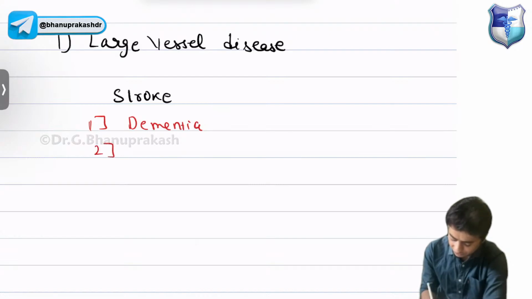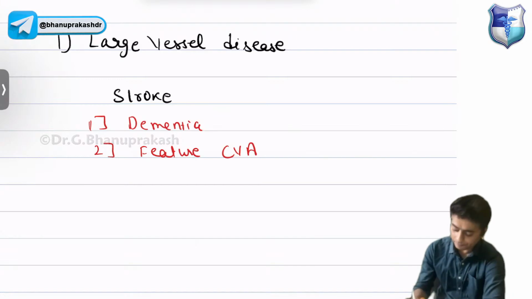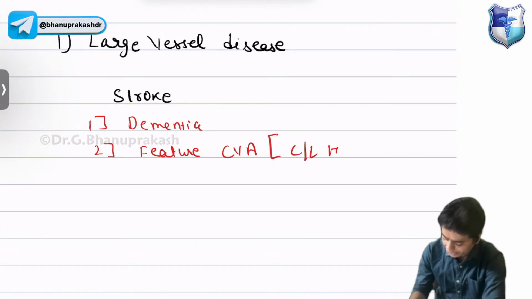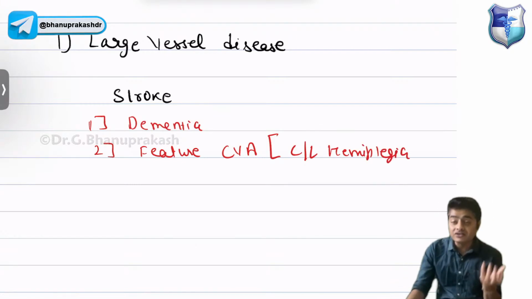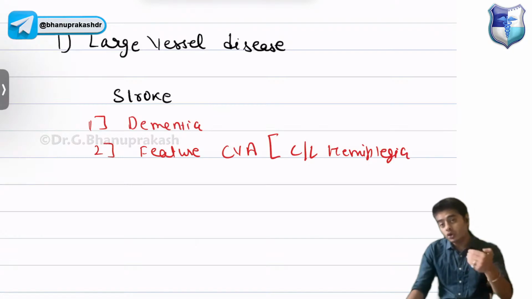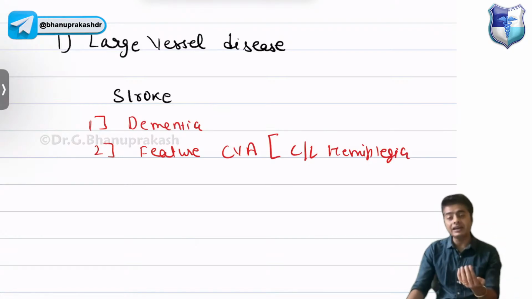So there will be features of CVA. And what features can CVA have? There will be contralateral hemiplegia or quadriplegia. Weakness will be there. UMN signs will be there. Tone will be increased. Reflexes will be increased. Babinski sign can be there.